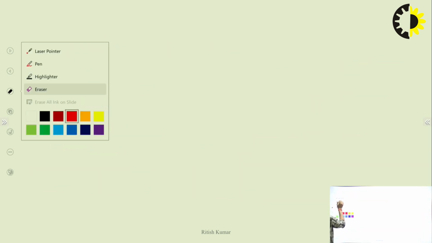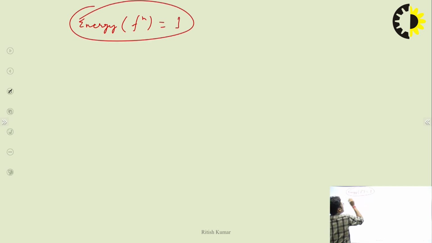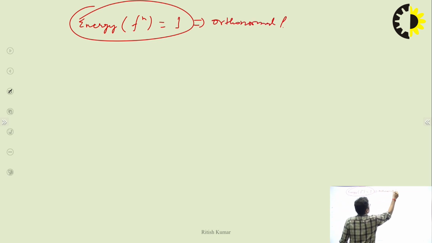So first, the orthonormal function: if the energy of any function is equal to 1, then we can call this function orthonormal. We need to find the orthonormal function first to draw the constellation diagram.